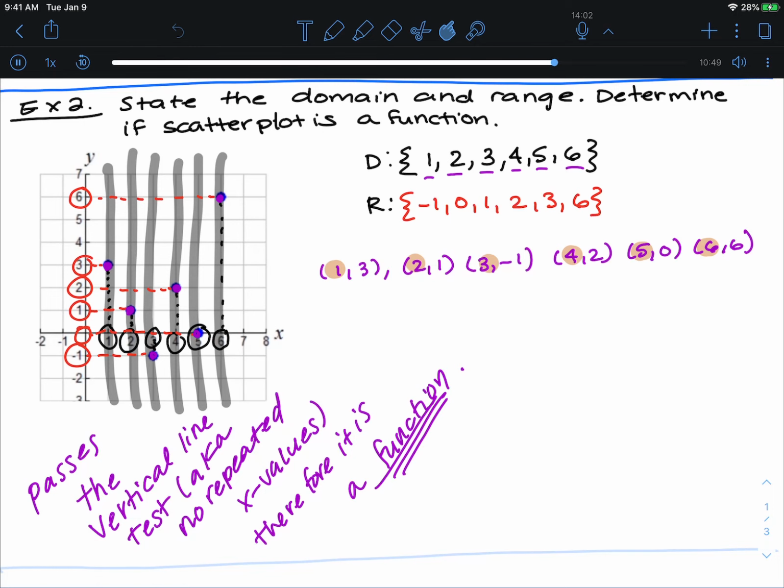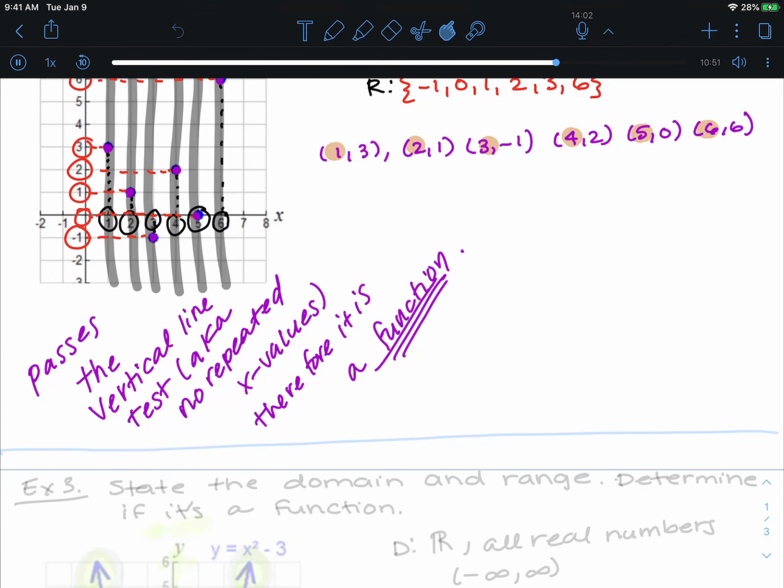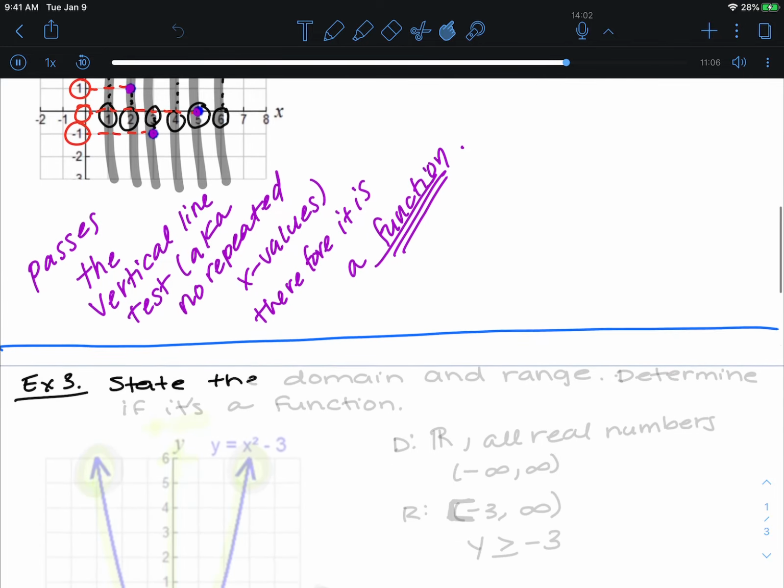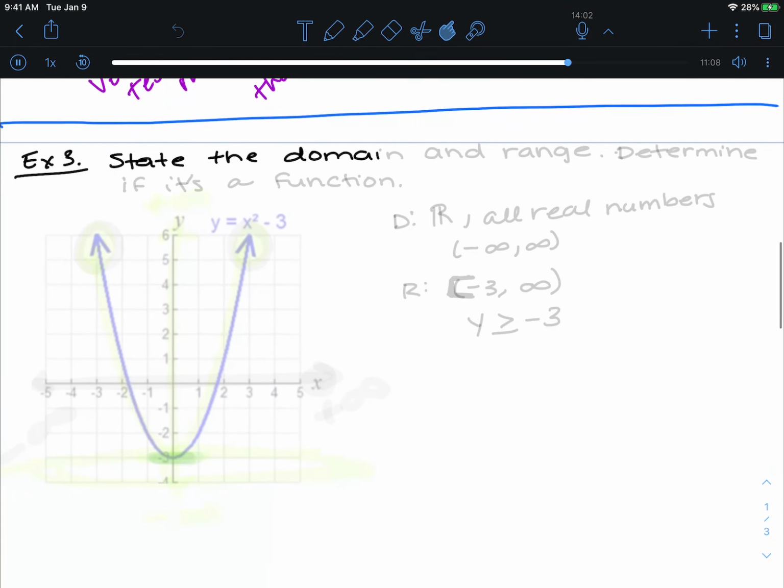Okay, next example. You're going to state the domain and range, and then determine if it's a function.